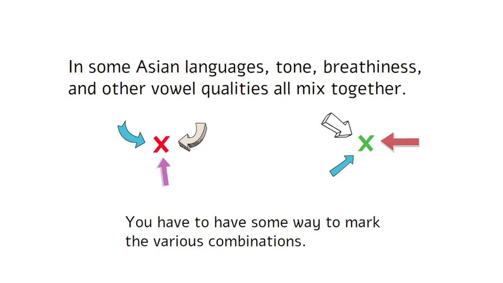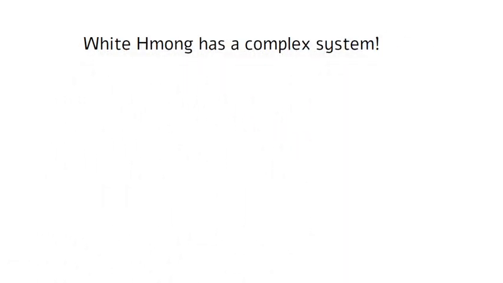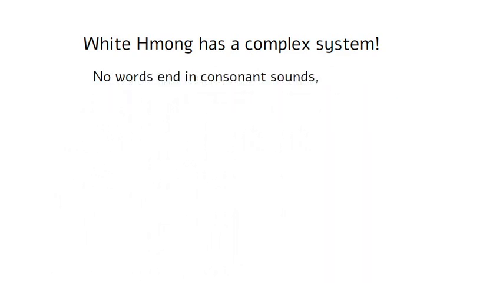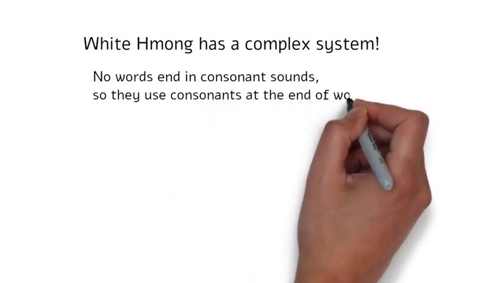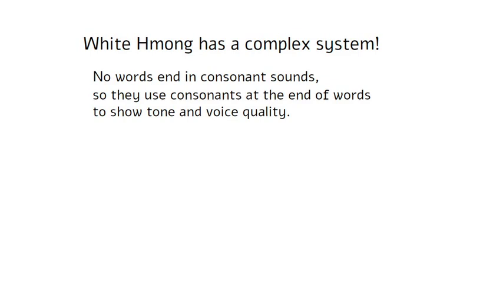Can you give another example? One example is White Hmong, which has a very complex system. In this language, they have short words, and no words end in consonant sounds. So, they can use consonants at the end of words to show tone and voice quality all in one letter.